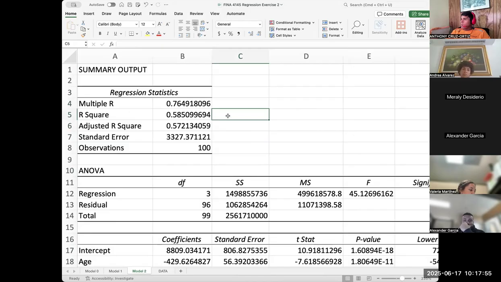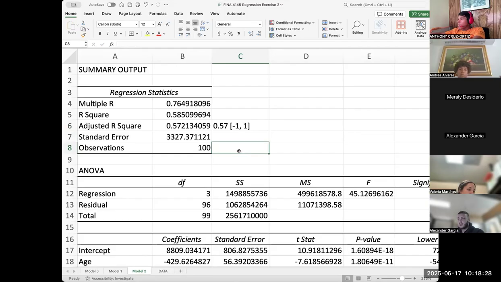Now what can we say? Even the adjusted R-square is good. So the adjusted R-square is 0.57. And you compare that to -1 to 1, it's pretty good. Okay, so it's not so bad. It's getting better and it's positive. So there's a positive relationship.